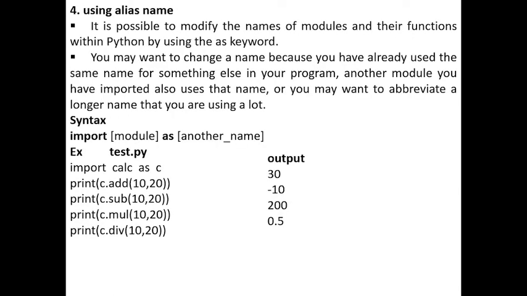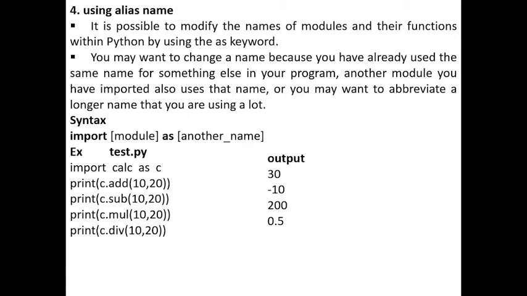Using an alias name. It is possible to modify the names of the modules and their functions within Python using the as keyword. So, as is the keyword which we use for the alias name. Import module as another name, that is nothing but the alias name.